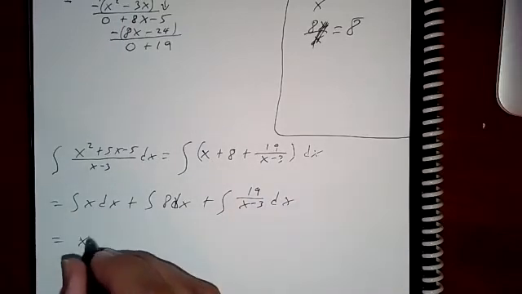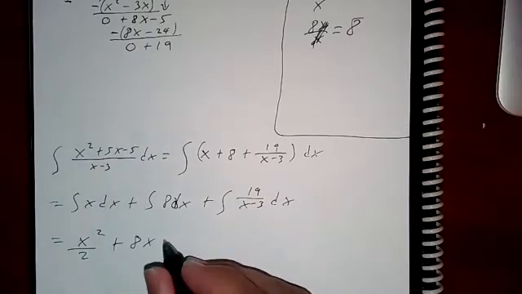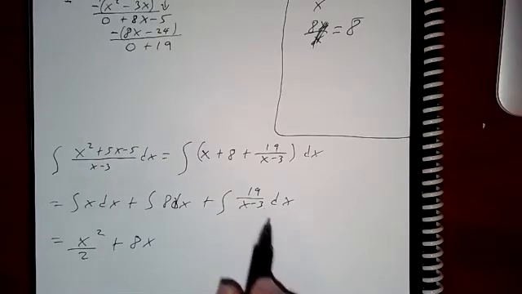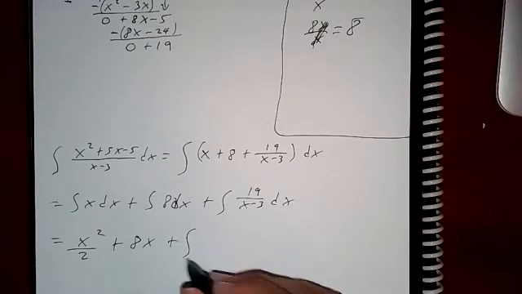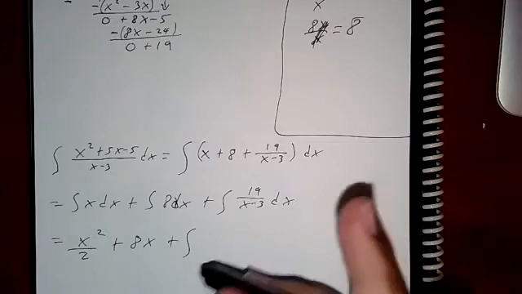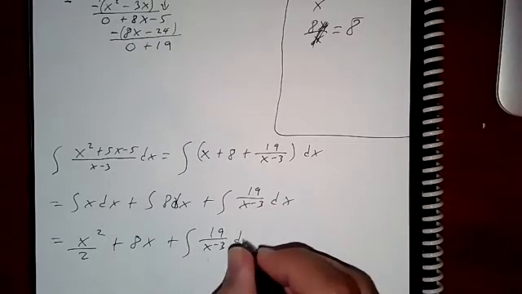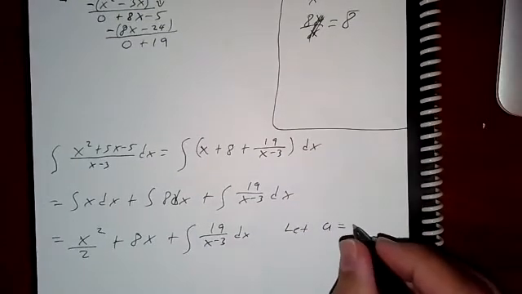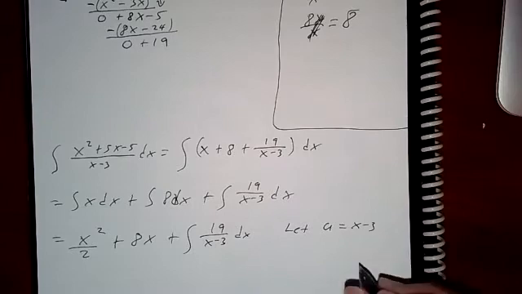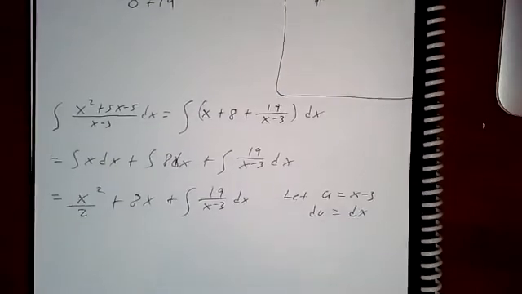So that'll be x squared over 2 plus 8x. And then this one, we have to do the substitution. But you can pull out the 19 and it's just a moment. So let u equal x minus 3. du would equal dx, right? Mm-hmm.